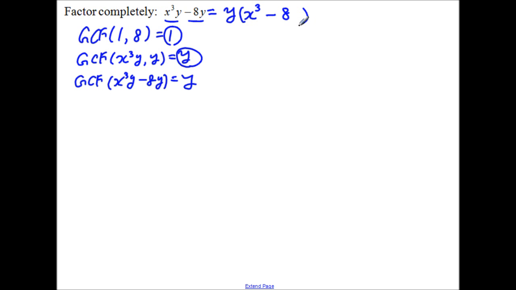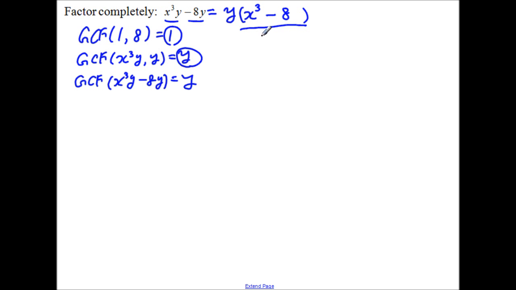So this is a factorization of the polynomial, but we are not sure if this is the complete factorization. Why? Because we don't know if the second factor is factorable or not. If it is factorable, then we have to factor it.